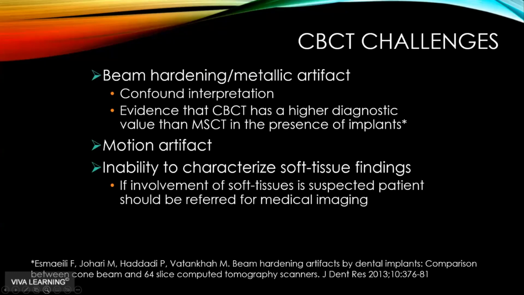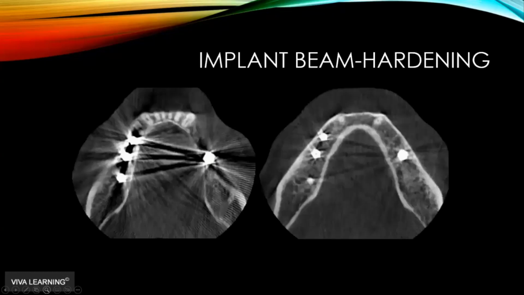So if I'm reading something and I see a pathology that I think potentially is a malignancy that may have spread into the soft tissues, then it's time for me to refer to the medical college first for medical imaging. The other issues are the beam hardening of the metal artifact, which confound interpretation, and also motion artifacts. So what do I mean by this? So here's some implant beam hardening, and you can see those streaks coming across from those implants.